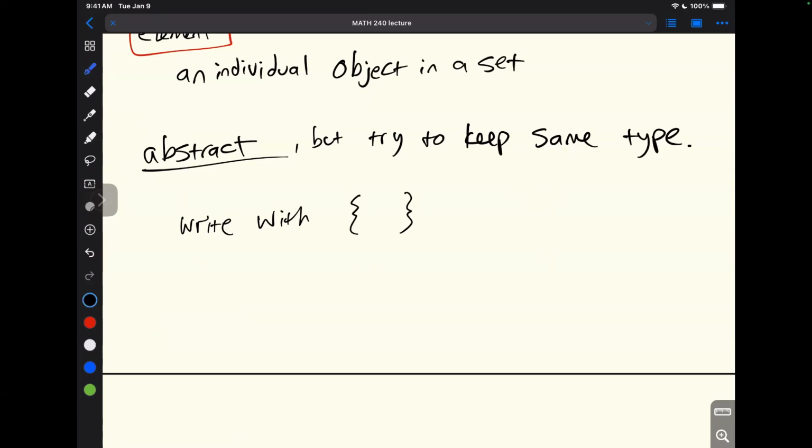So we write it with curly brackets. Let's say we have a list of integers. Let's say A is 1, 2, 3, 4, 5. I denote it with curly brackets, and then I separate the things with commas. This should look familiar if you remember lists and arrays. It's just that we use curly brackets to say this is a set.